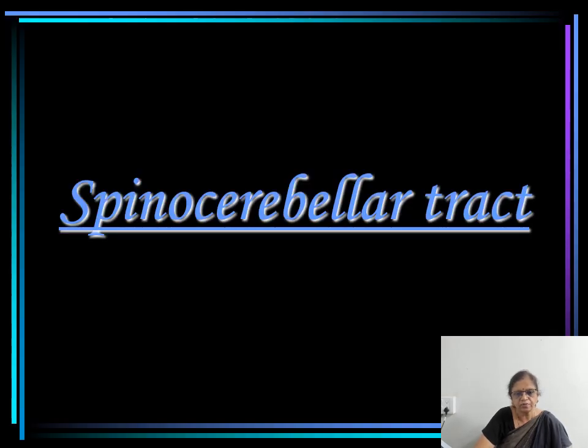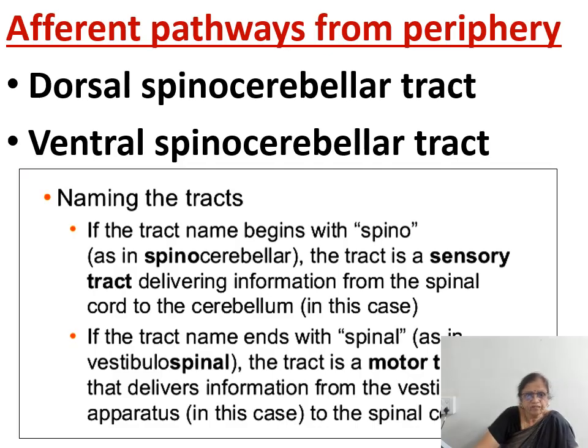Now we go to the proper spinocerebellar tracts. Here they are divided into two parts: the dorsal or posterior spinocerebellar tract, and the ventral or anterior spinocerebellar tract. Both are afferent pathways or sensory tracts.